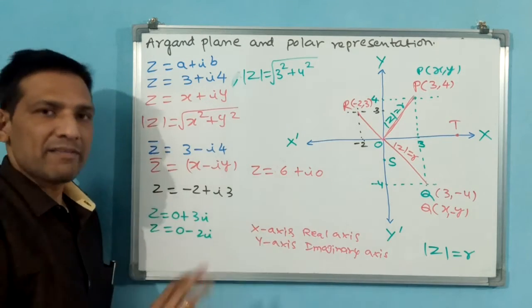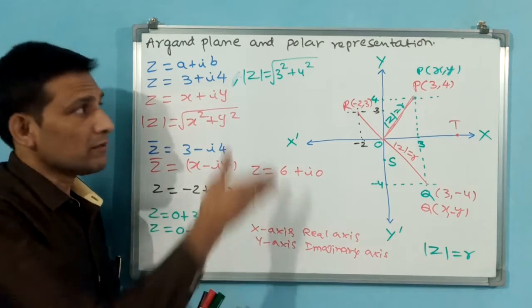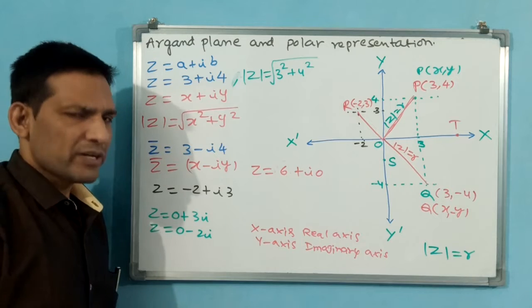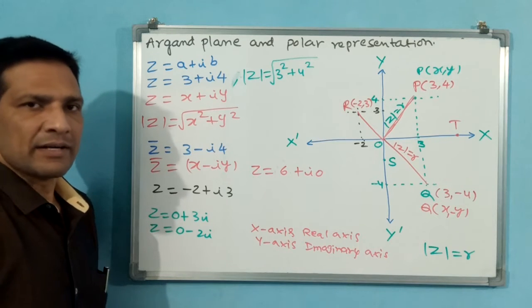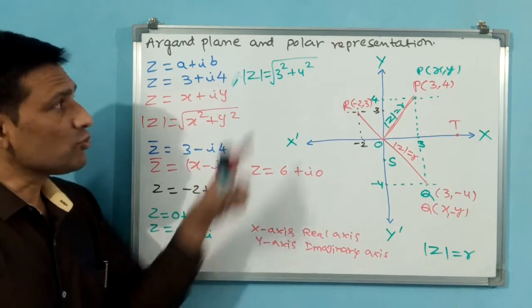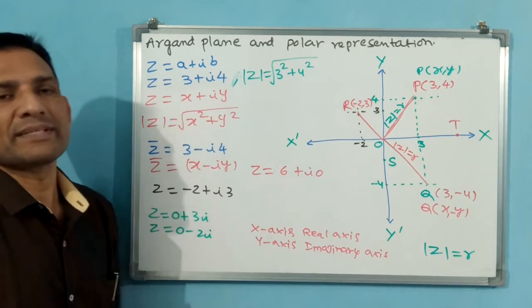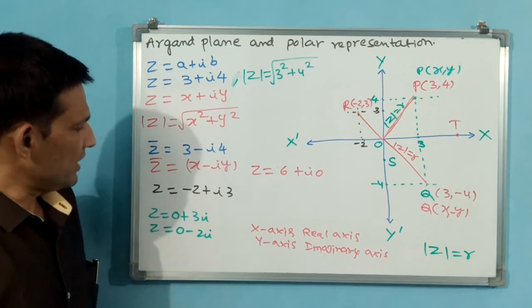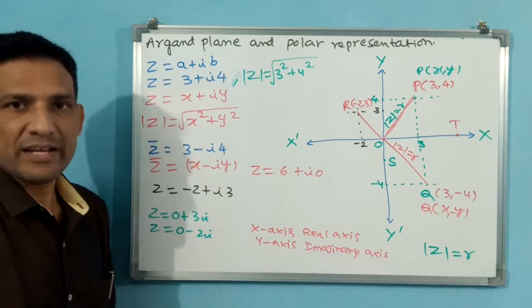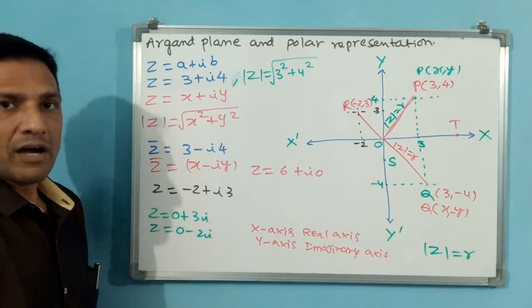That is why we study x plus iy from now onwards for polar representation. Z is equal to x plus iy. You can write a plus ib or x plus iy, but when it comes to polar, you have to write x plus iy. The x-axis is the real axis. The y-axis is the imaginary axis.